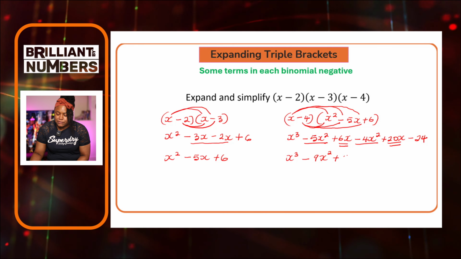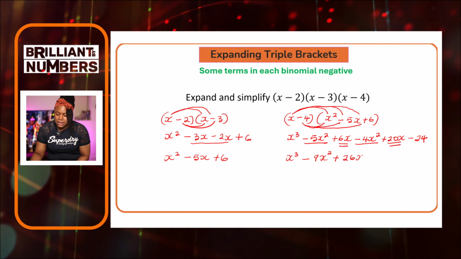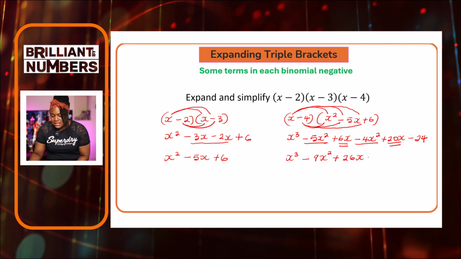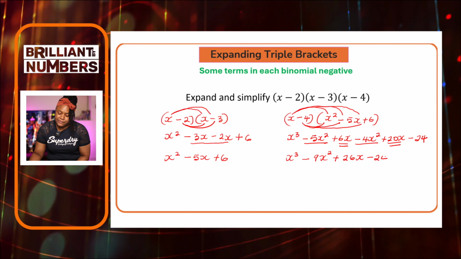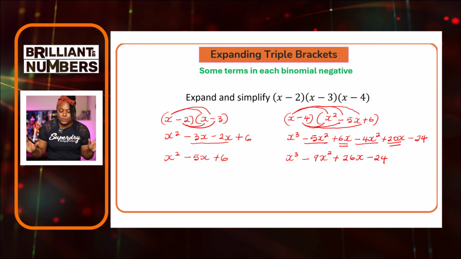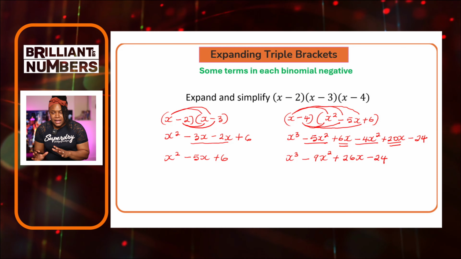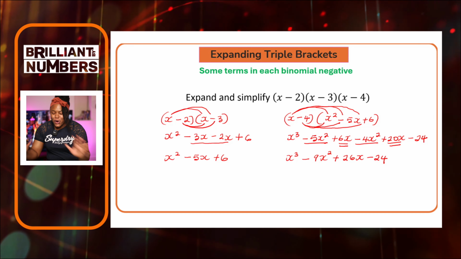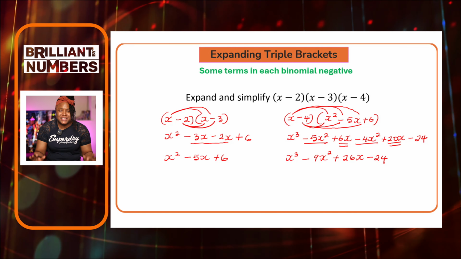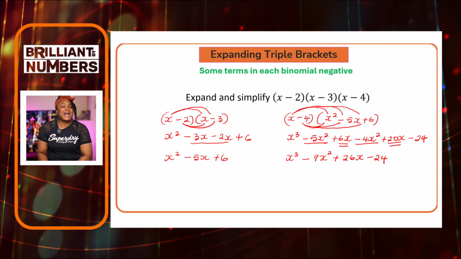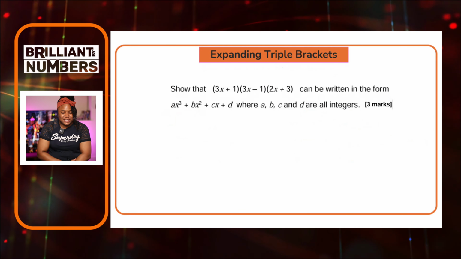That gives me positive 26, and the term is x, and my constant here is minus 24. Again, check for my 4 parts: a cube, a square, an x, and a constant. Absolutely brilliant.